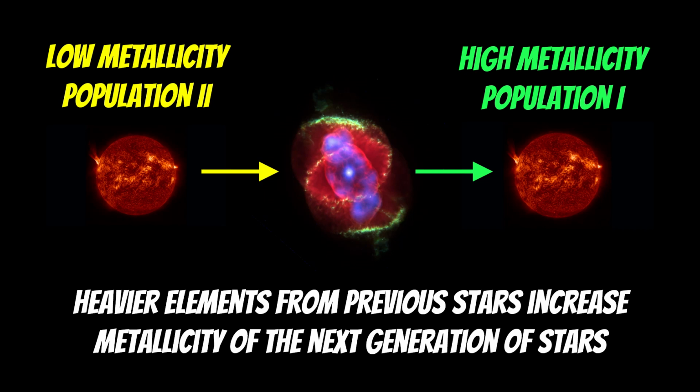And that next generation that forms in the remnants of the first one would already have a head start on the amount of heavy elements that they have. So they would typically have a higher metal content, these population 1 stars. So it happens that over these generations, you get more and more being produced and they end up in the stars.